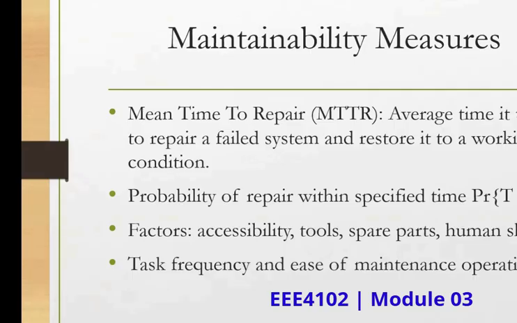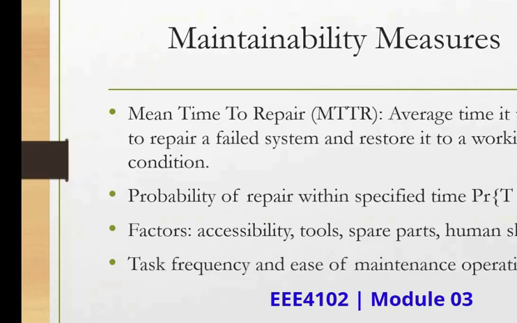Because, as engineers, you need to make sure that your equipment is up and running. If it fails and takes ages to repair, the system will be down, and we are looking at being able to have less downtime.